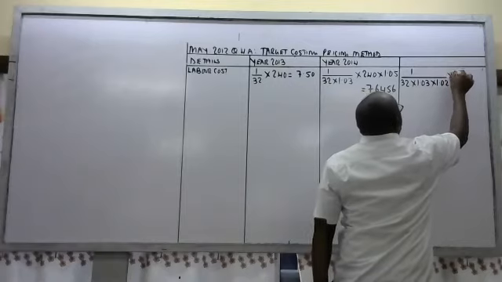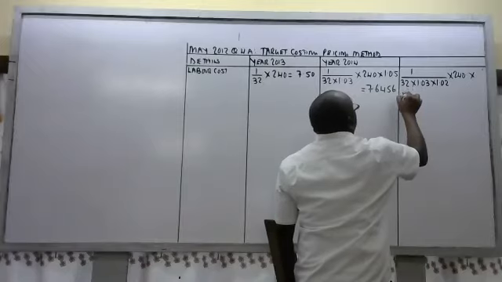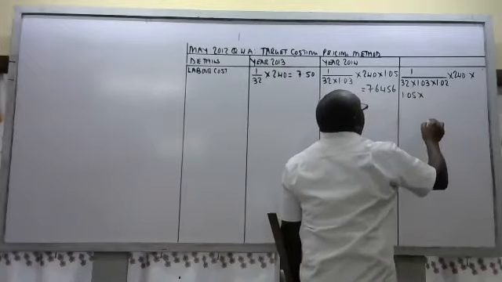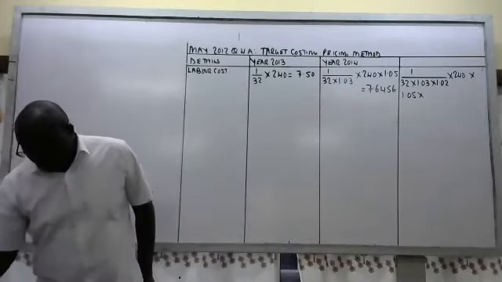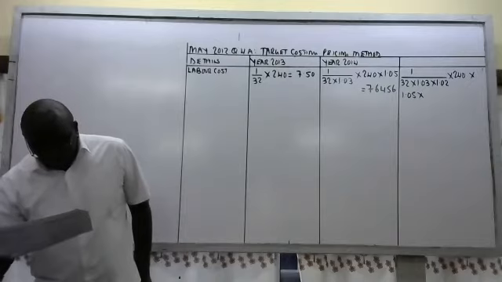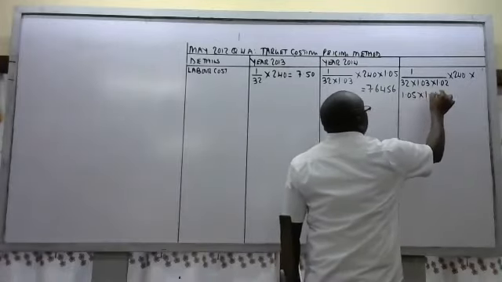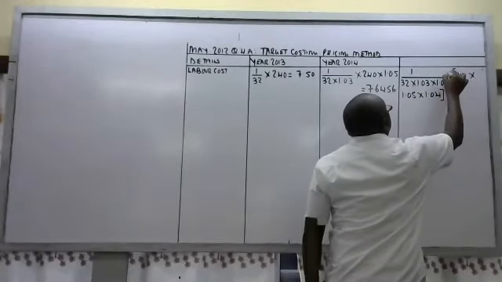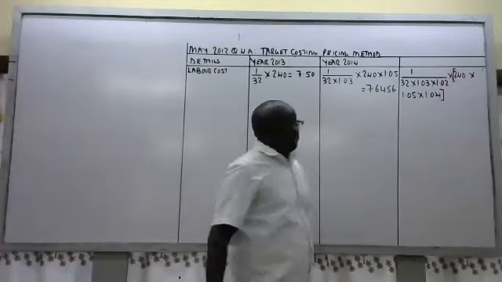Then you multiply by 240, multiplied by 1.05, multiplied by, the next year they're increasing by 4%, 1.04. It's congesting.